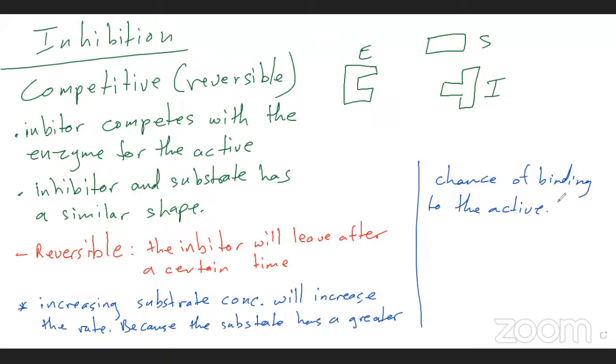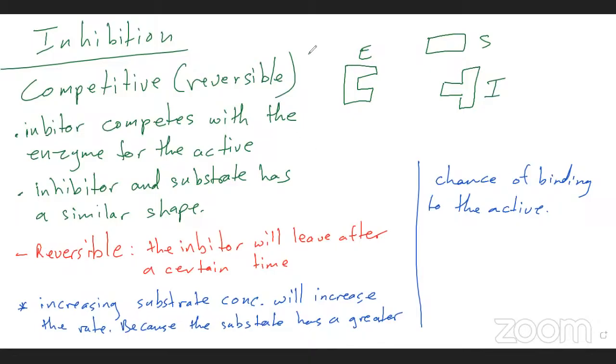Right? Let's speak on the non-competitive. So the non-competitive inhibitor will not bind to the active site. It will bind somewhere else on the enzyme.